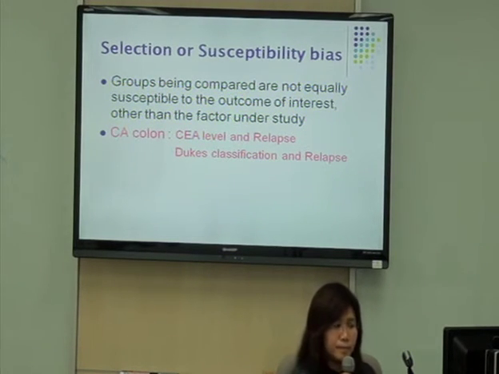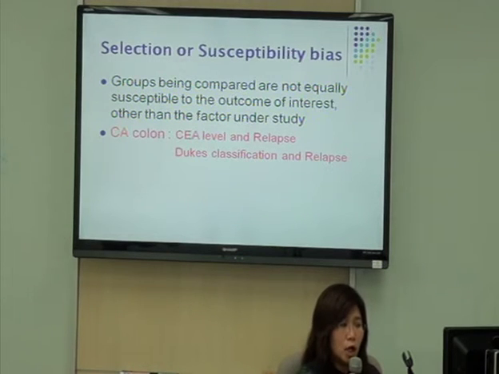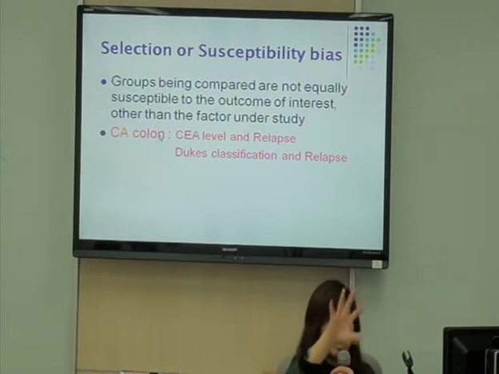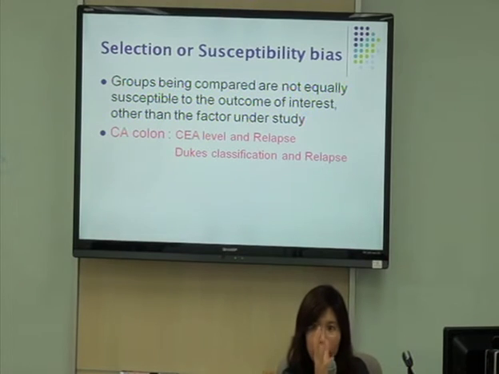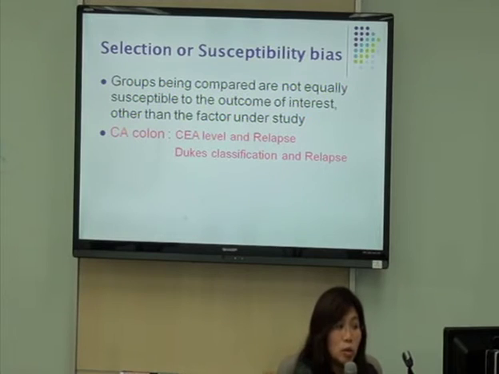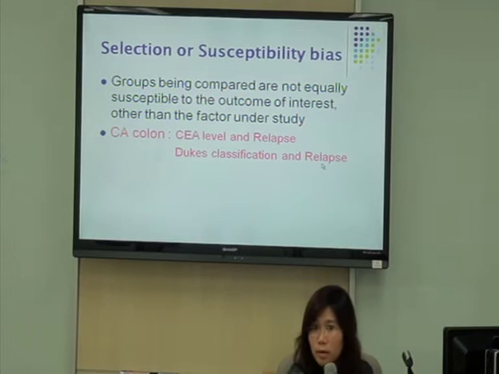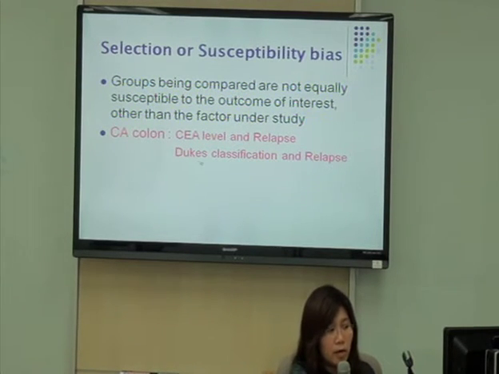For example, consider CA level and the relapse rate of colon cancer: subjects with a given CA level might have other factors that add risk, like Duke classification, which might also be involved in relapse.